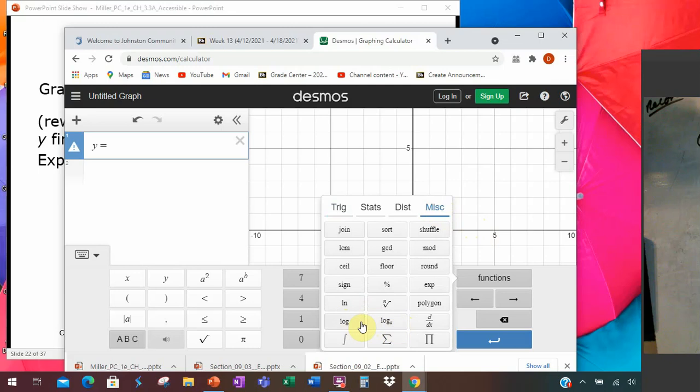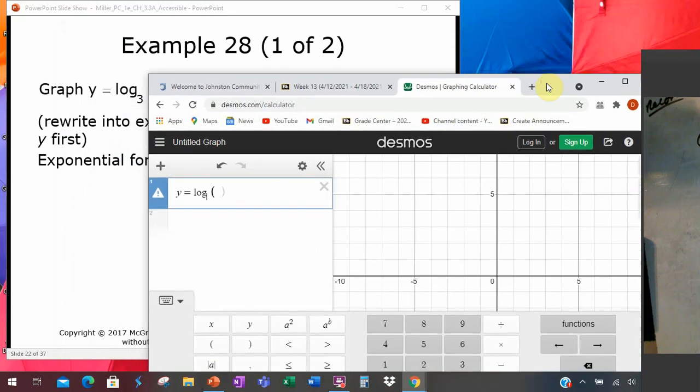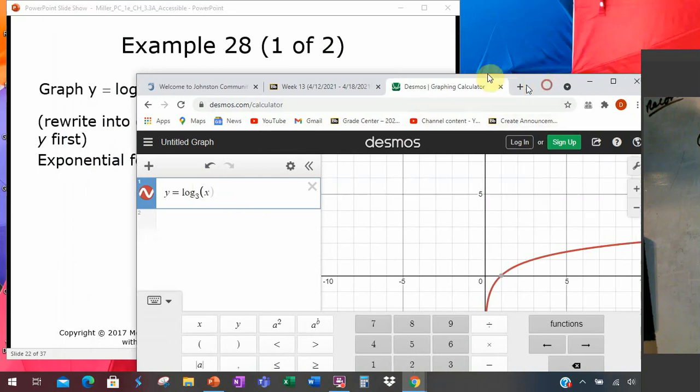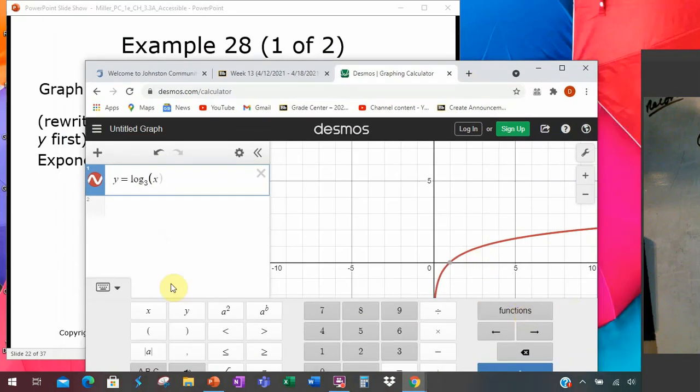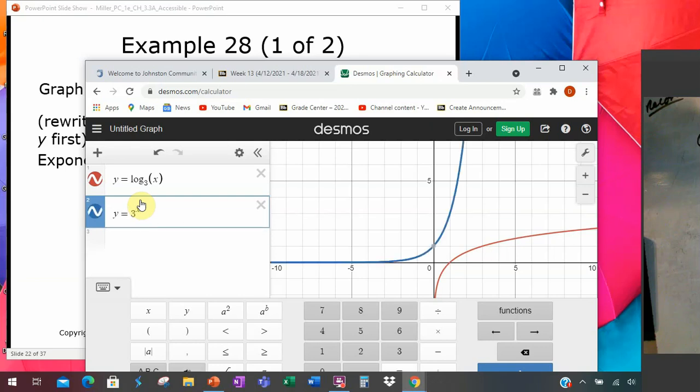Here we were doing to the 3, so I want to go log of A. This lets me know which base, so it was to the base 3. I put that there, and then this is just x. And now it graphs out the bottom piece for me. And then I want to do y is equal to 3 to the x.